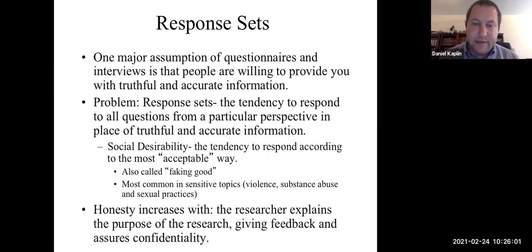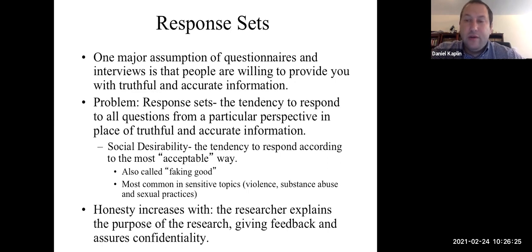It's going to be large-scale data. We can also provide feedback. We say, if you want information, we can provide you feedback on this particular issue. And then confidentiality. People are more likely to be honest if they know that their answers are protected.